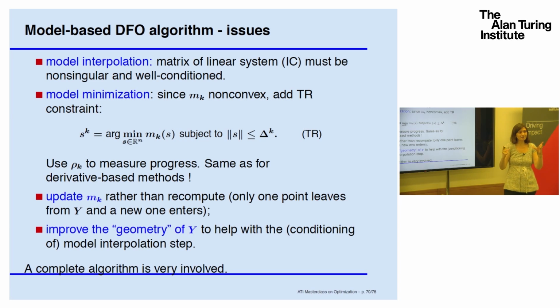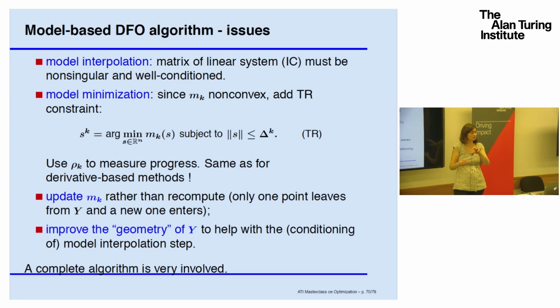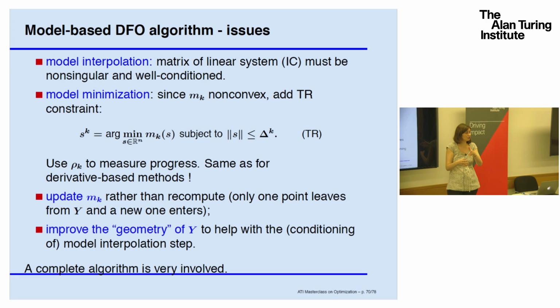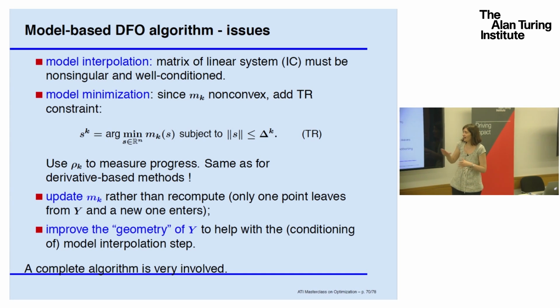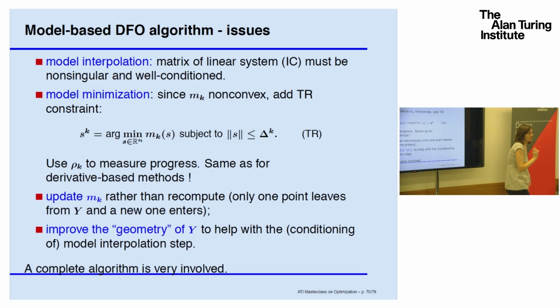So in derivative-free, you can have these two different kinds of problems. The model is good, but I've gone too far: shrink the trust region. Or I've not gone too far, but the model is not good. It's degenerate in some sense.